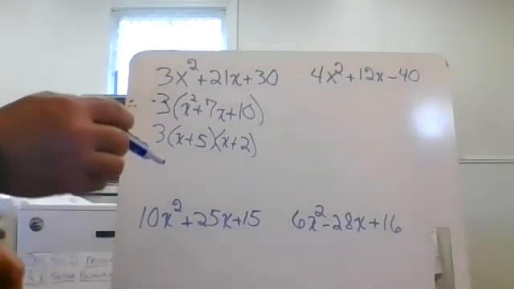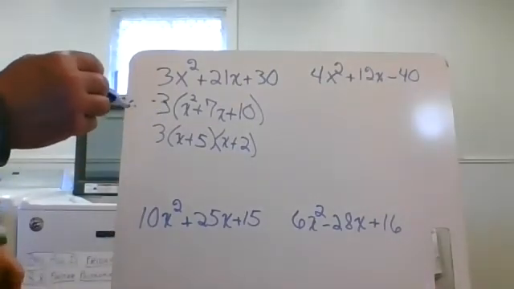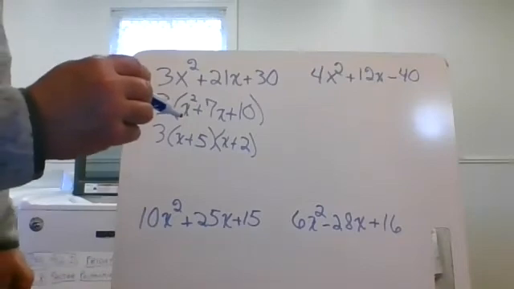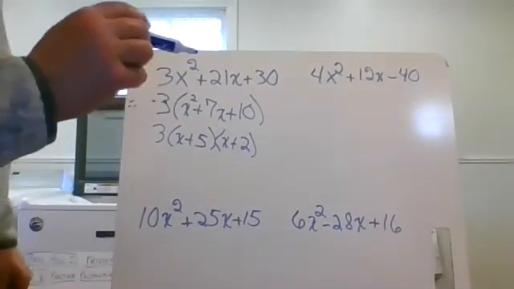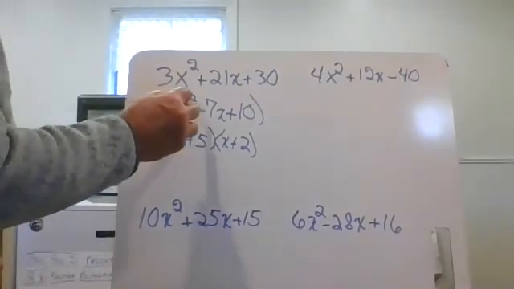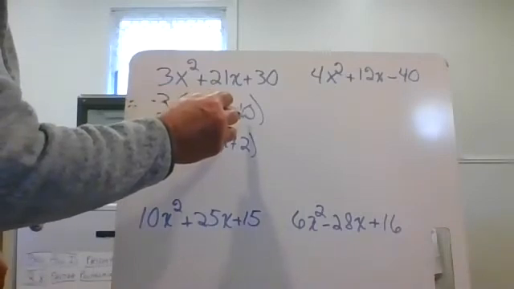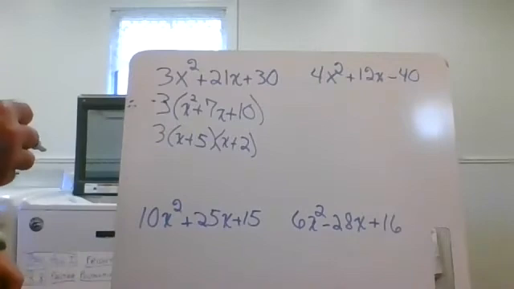So it's similar to what you did in section 7. You took out your GCF. Only in section 7, you were left with a difference of squares or a perfect square trinomial. Here, you're left with just a regular trinomial, and it factored into these two binomials.